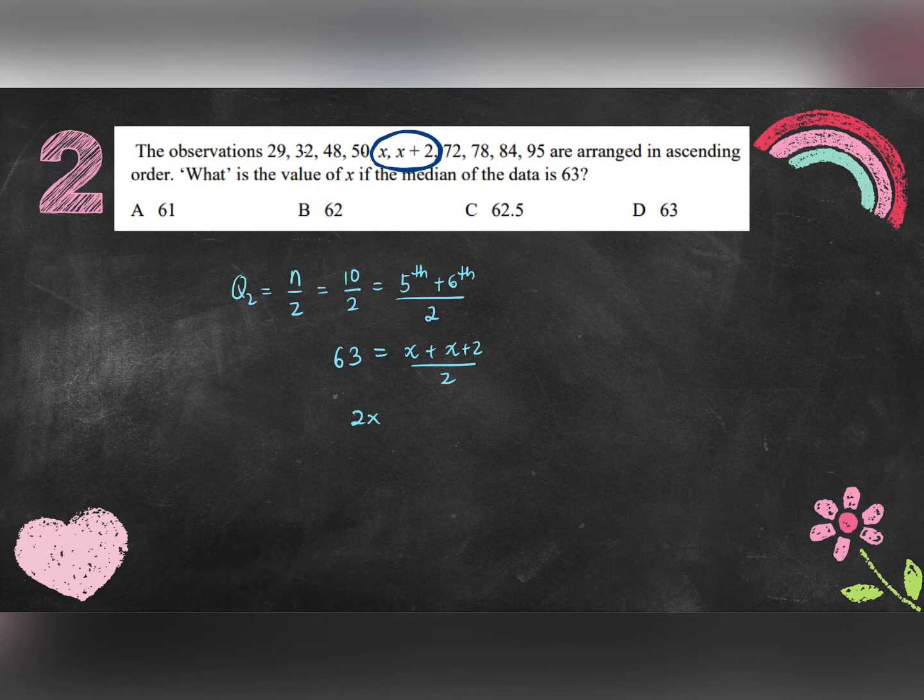So 2x plus 2 equals to 126. 2x kita adalah 124 and x will be 124 divided by 2. Kita dapat apa? 62. So x will be 62. So this will be the answer. Okay.